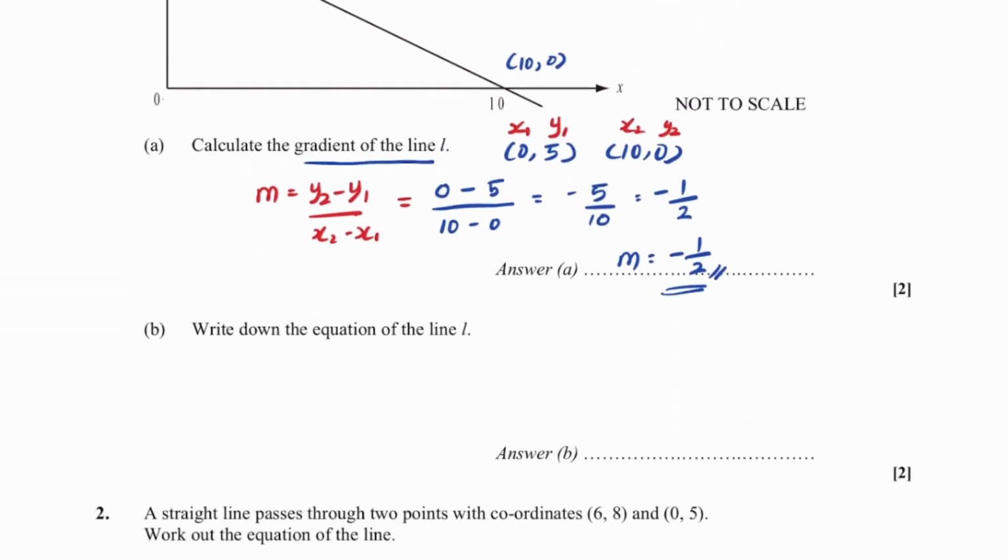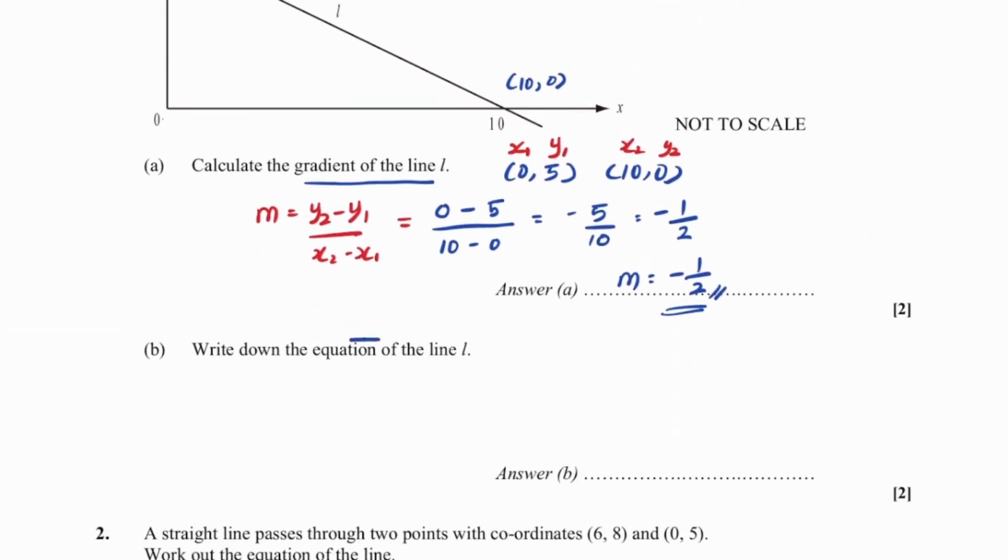So continue. How do you find the equation? When they mention the word equation, it's y = mx + c. Hold on, let me use a red marker instead, because this is where you apply the formula. So y = -1/2 x + c.